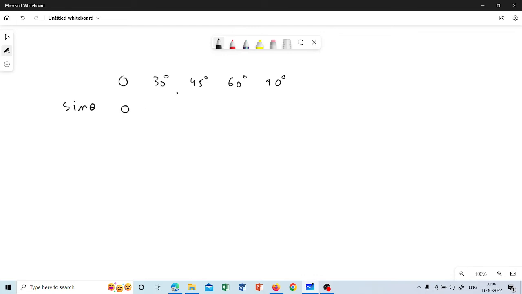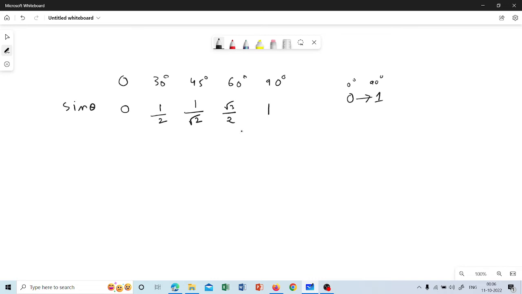So sine 0 is 0, sine 30 is 1 by 2, then 45 is 1 by root 2, 60 is root 3 by 2, and 1. As you can see, the sine theta value starts at 0 and increases to 1, going from 0 degrees to 90 degrees.